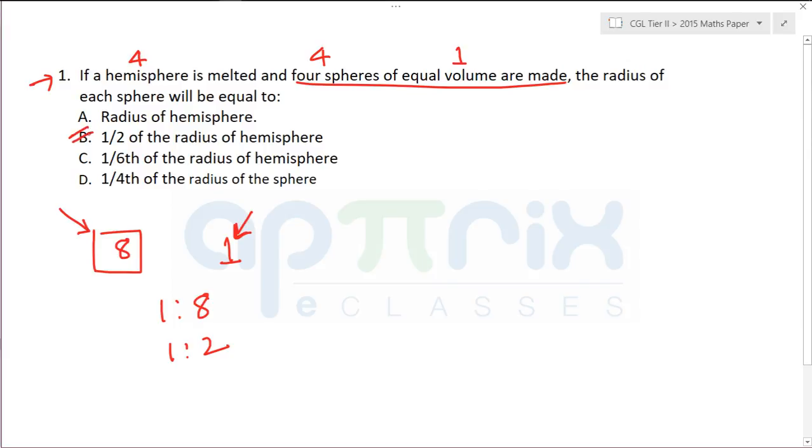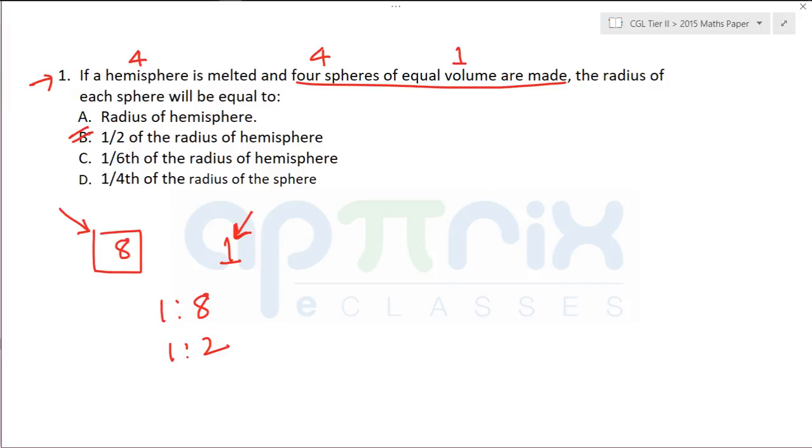The most important thing is that you understand how you can do questions mentally, orally, without raising the pen. That is what you have to do. So if you just think in this manner, that ultimately I need to find the volume ratio, right? If I am finding the volume ratio, I can easily get the radius ratio. Why am I not writing hemisphere here? Because that doesn't make sense.